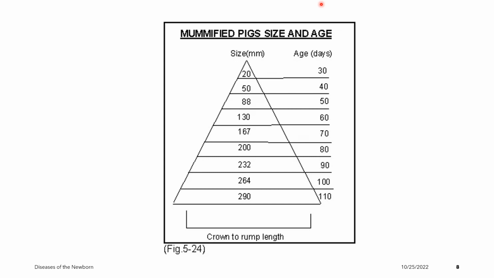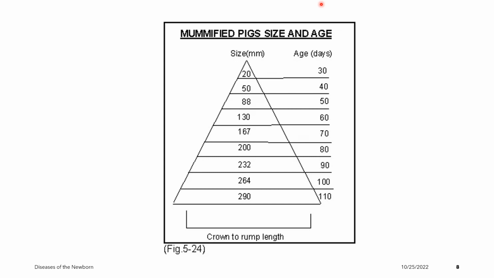When we say infectious, the disease could be a viral disease, a bacterial disease, or other infectious pathogens which can cause mummification. By measuring the size of the mummified pigs, we can determine at what stage of pregnancy the mummification occurred.